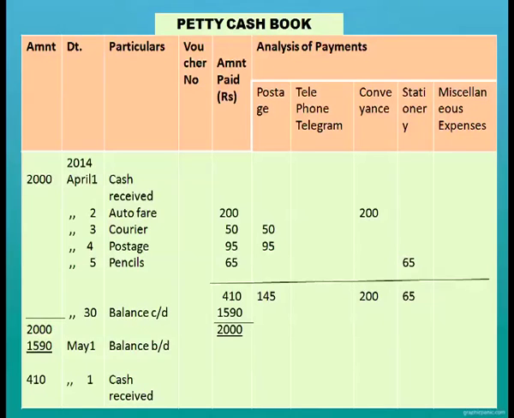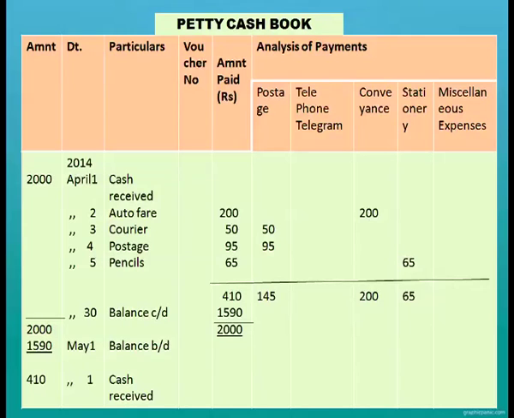For the analysis of payments, you have to prepare columns like this: postage, telegram, conveyance, stationery. So, auto fare is conveyance, I have written in the conveyance column. Courier is postage, so that also I have written in the postage column. Pencils, 65 rupees in the stationery column. And you have to total what all payments you have made.